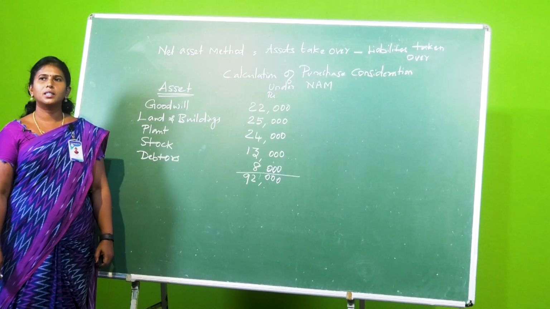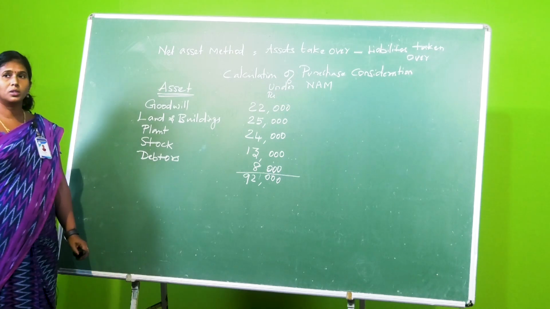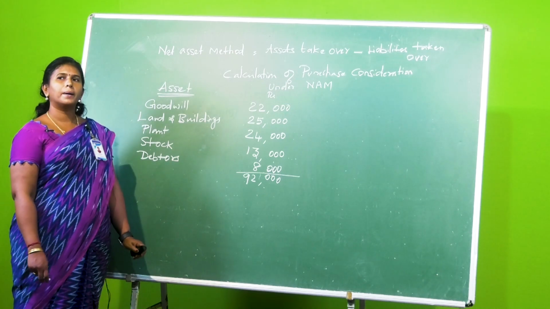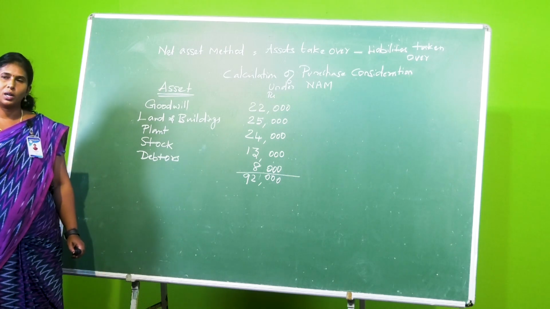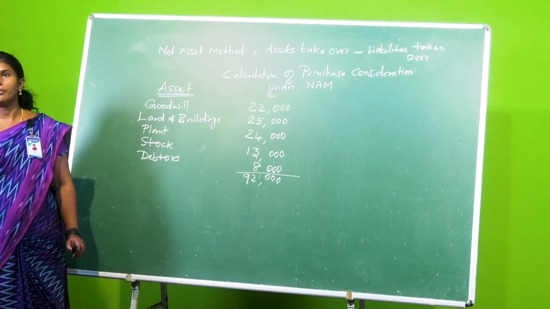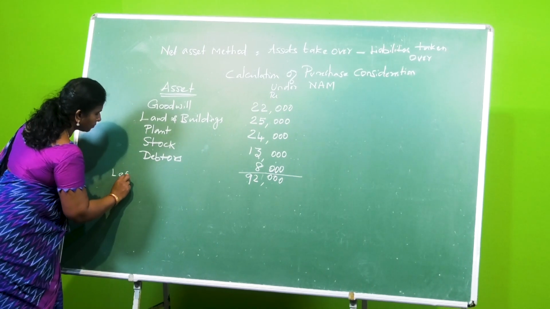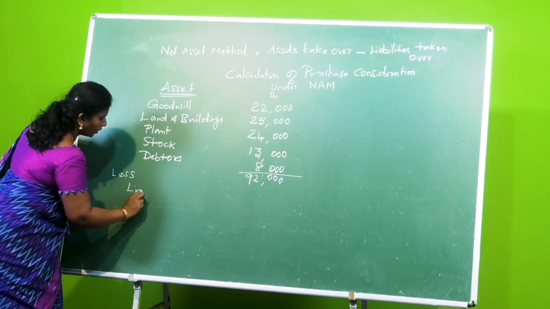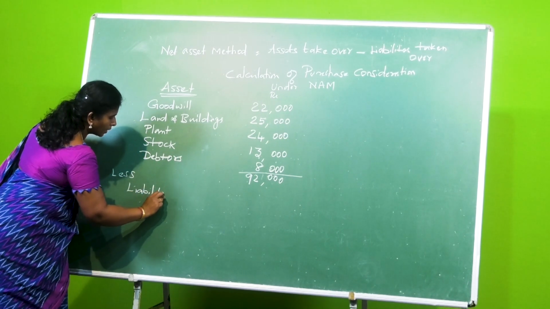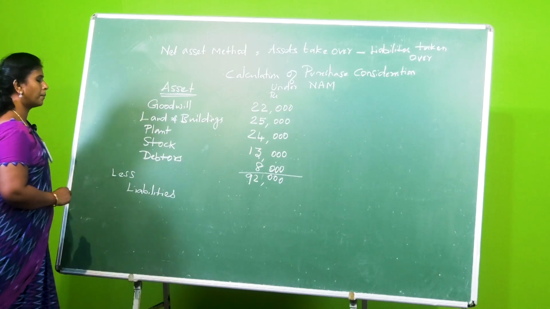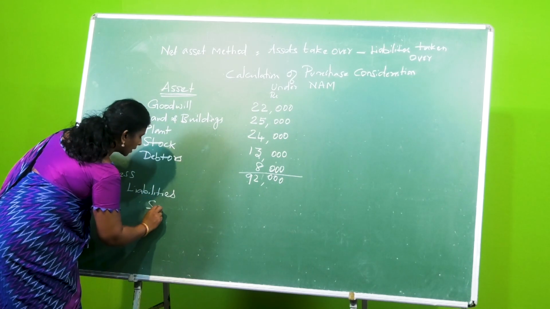The sundry creditors value is 6,000 in the problem, but the purchasing company has to satisfy only 5,000. So less, agreed value of liabilities taken over by the purchasing company is sundry creditors.